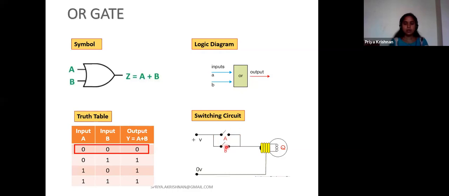If I make only B on, the circuit is closed, and the lamp will glow. If I make both switches on, the circuit is again closed, and the lamp will glow. So only for the first condition, when both the switches are off, the lamp will not glow. In all other conditions, the lamp will glow.